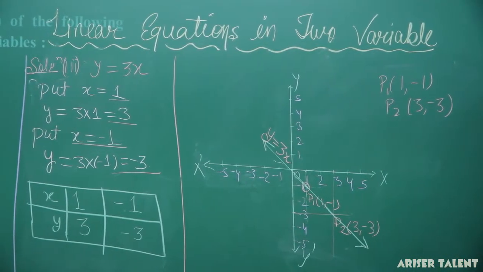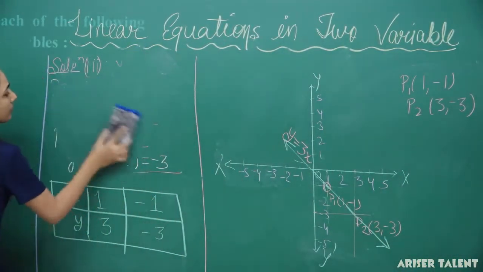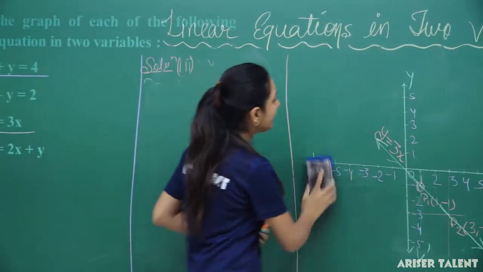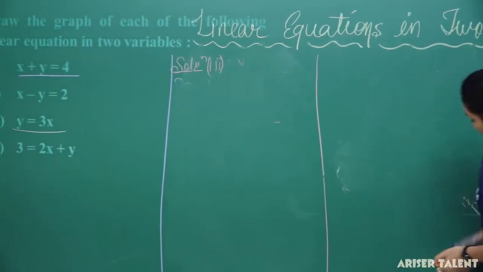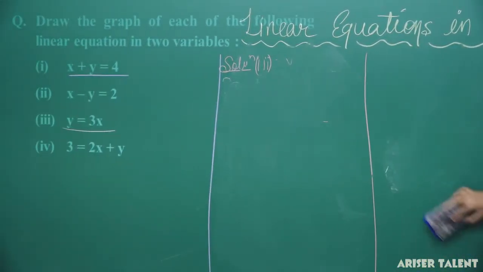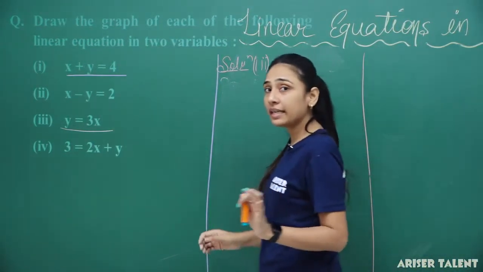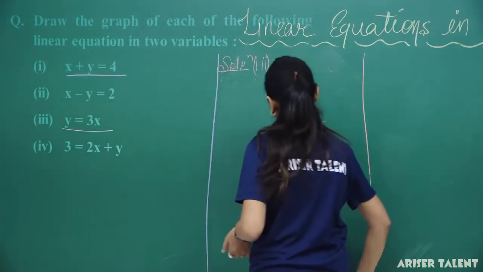The last part of this question is here. This fourth part is 3 equals to 2x plus y. Whenever you are writing these equations, you can just write in a proper format. And what is our standard format?